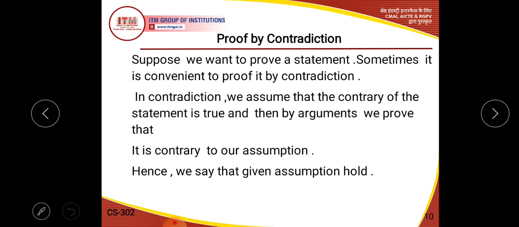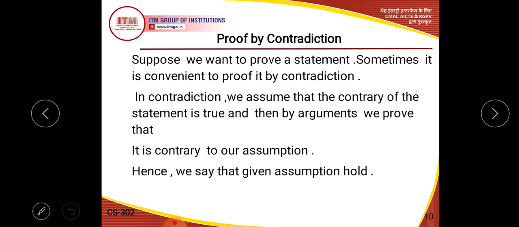Now come to the second topic, which is proof by contradiction. Suppose we want to prove a statement. Sometimes it is convenient to prove it by contradiction. There are so many theorems which can only be proved with the help of contradiction.